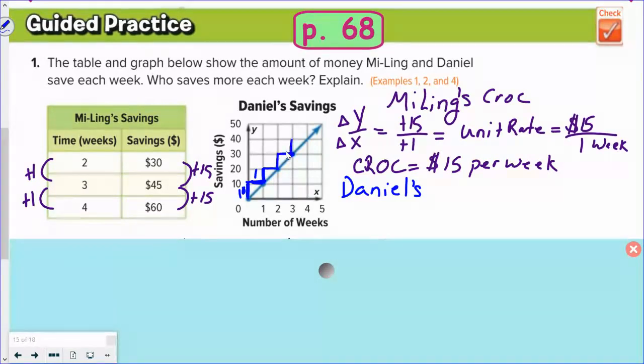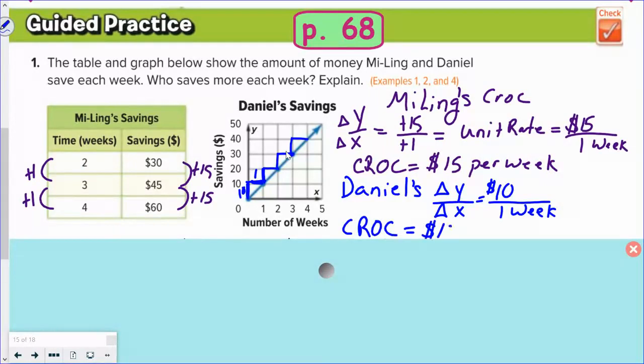All right, so we have his change in y over change in x equals $10 per 1 week. And that can't be reduced. It's already in its unit rate because we have a 1 in the bottom. So we know his CROC, his constant rate of change, is $10 per week.